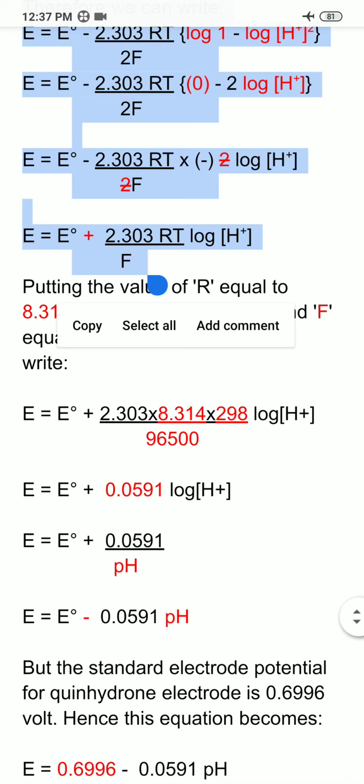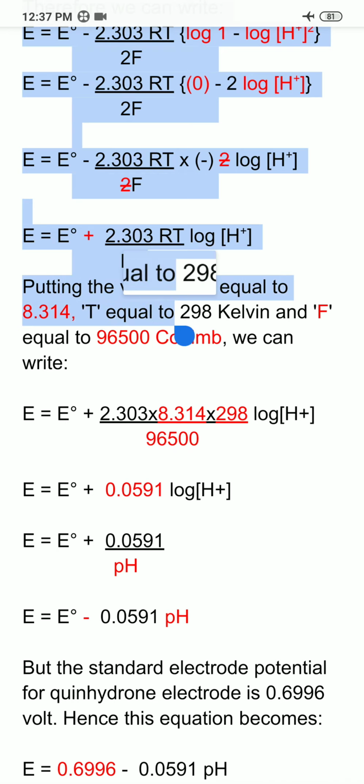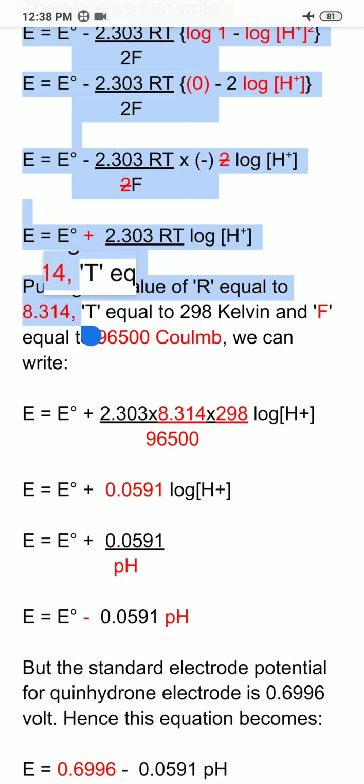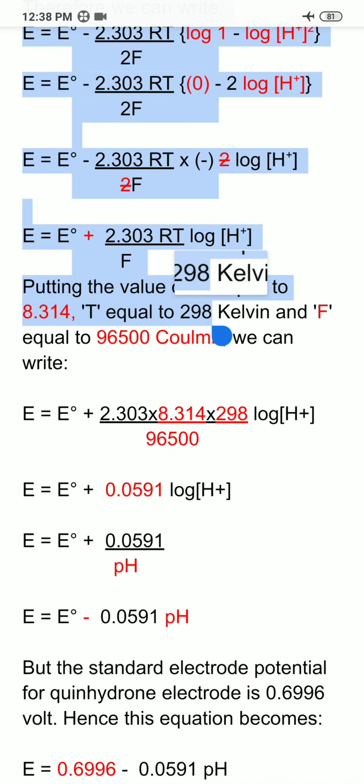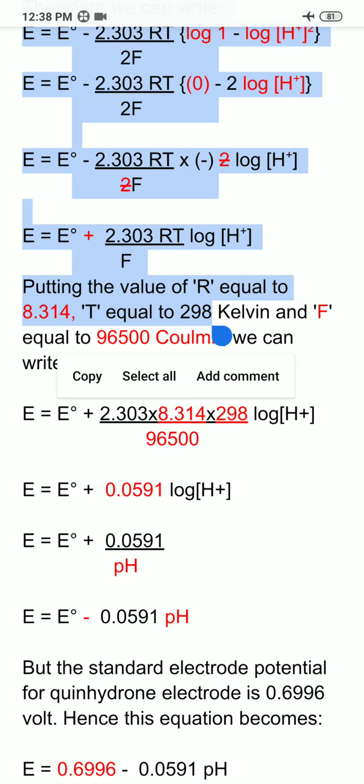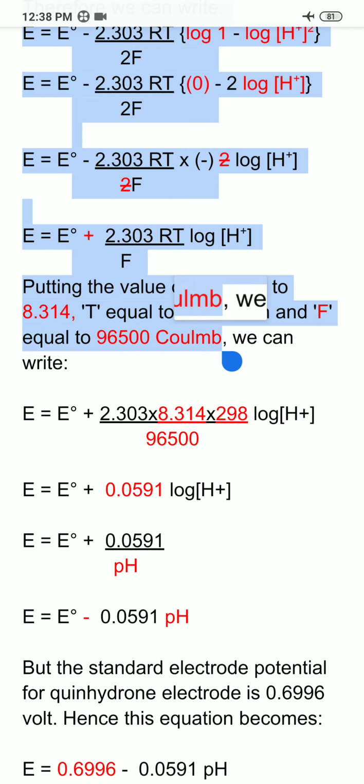Now putting the value of R equal to 8.314, T equal to 298 Kelvin, that is standard temperature of 25 degrees centigrade, and F is equal to 96,500, because 1 Faraday is equal to 96,500 coulomb.